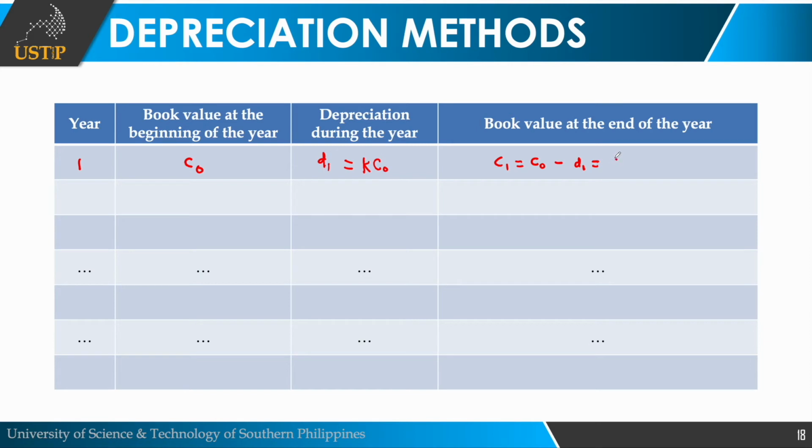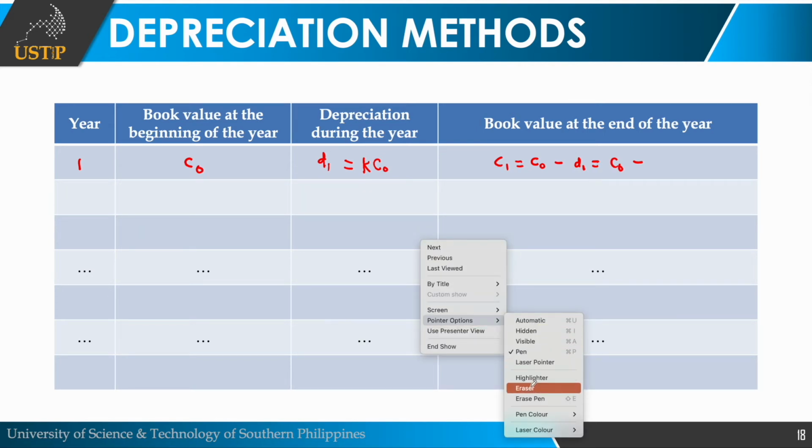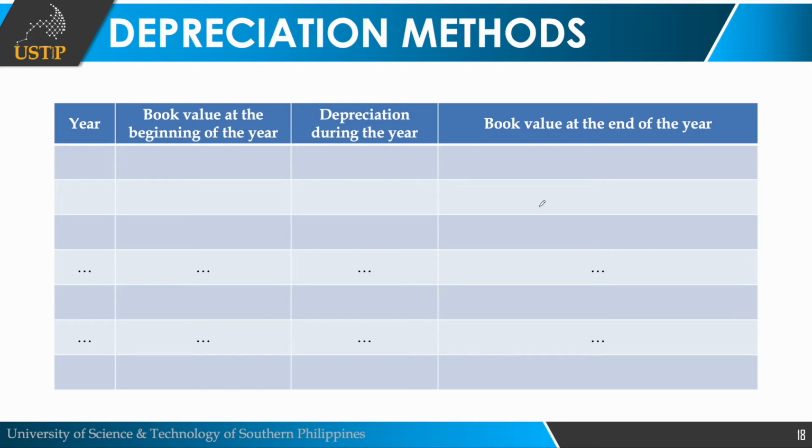And that is C sub O minus K times C sub O. Okay, we have C sub 1 here: C sub O minus D1, where D1 is K times C sub O. So, we can factor out C sub O, class. That is 1 minus K.